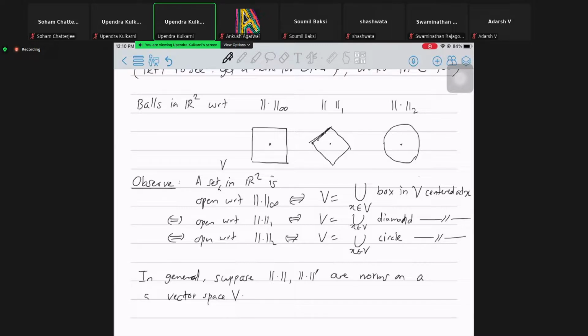So what this says is that if I take a ball of a certain radius with respect to one norm, then a ball of some radius with respect to the other norm is inside that first ball, and vice versa. So this is one way to formalize the definition, and you see what I'm going to do. We say so.